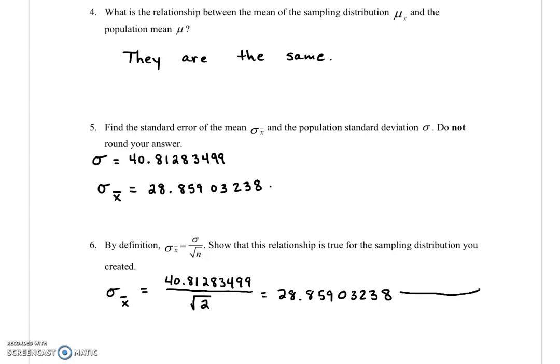Because here's what the calculator told us, and we said that should be the population standard deviation divided by the square root of our sample sizes, and it was. So that's how the sampling distributions of means are created, just so you have an idea of what's going on. Now, we'll talk about how that is applicable to the statistics we're talking about in the next video.